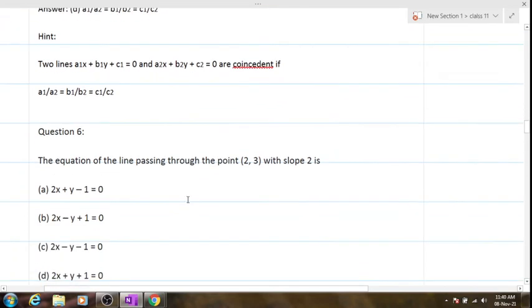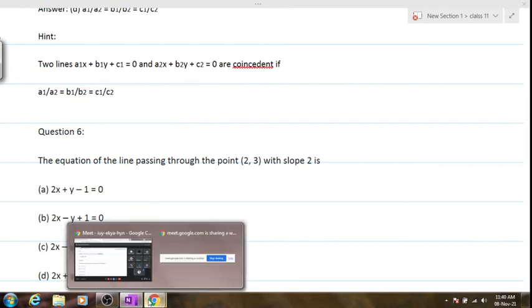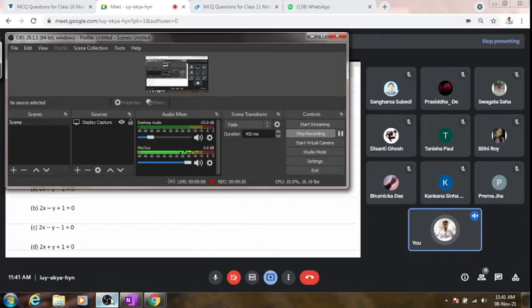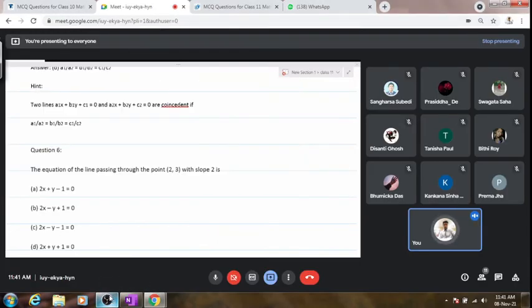Question number 6. Ready? Yes sir, no sir, ready or not? The equation of the line passing through the point 2, 3 with the slope 2 is given by dash.